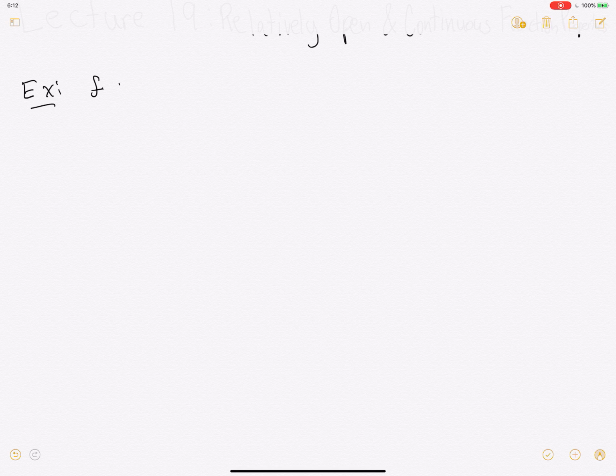So say we had a function from the reals to the reals where f(x) is equal to 1 if x is rational and 0 if x is not rational.